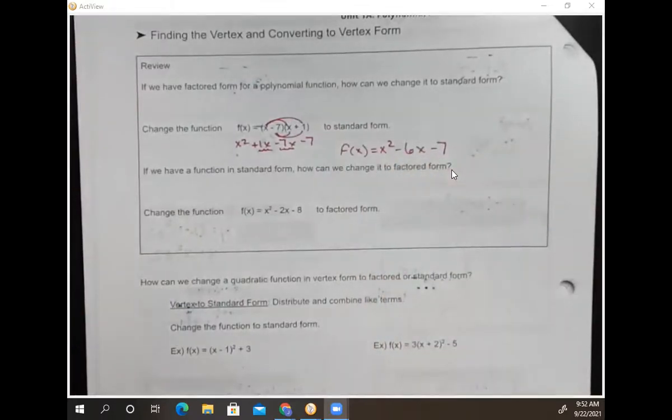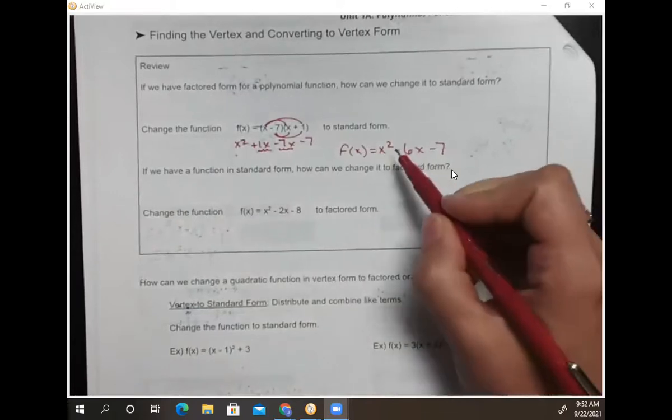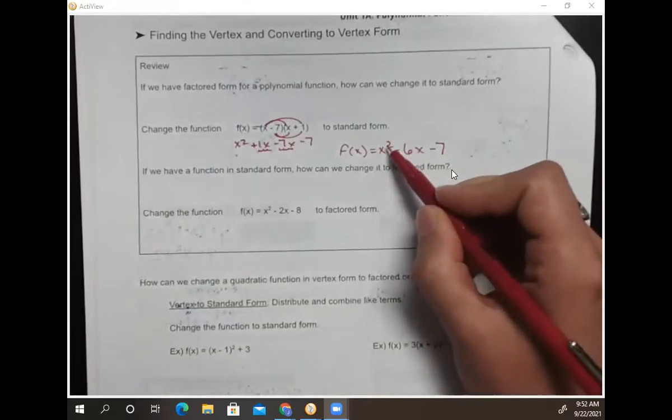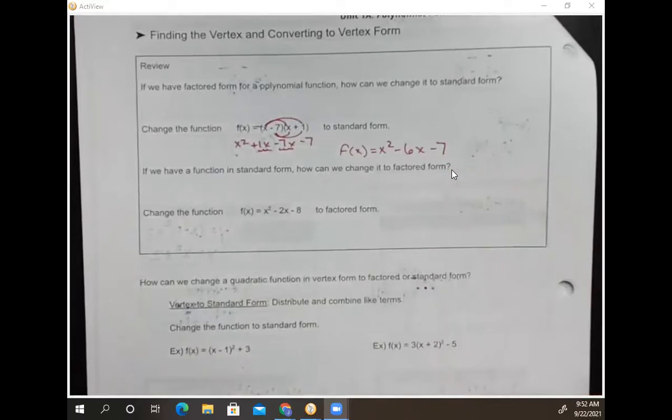Remember, standard form, I've combined all like terms. I've got the term with the greatest exponent first, and it goes in descending order down to my constant term. Okay, so if I have a function in standard form, how do I change it to factored form? If I want to get factored form, what do I have to do?